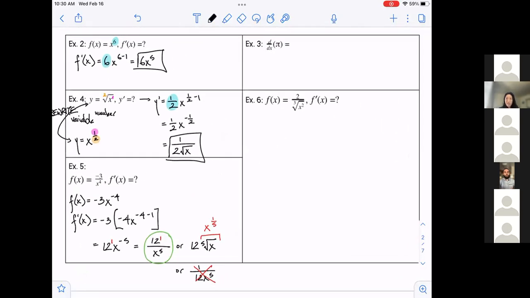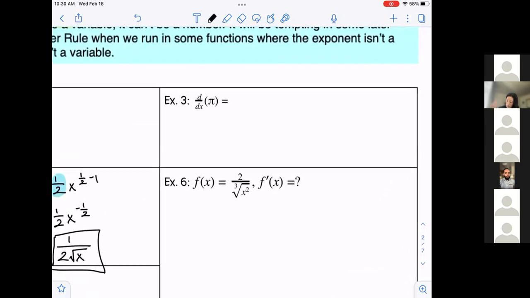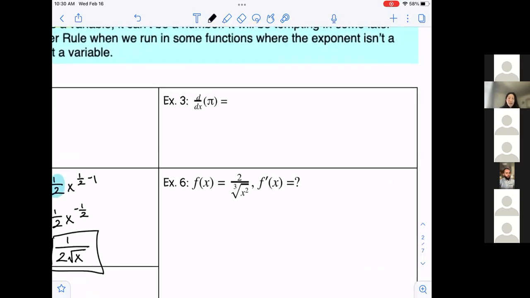All right. Well, let's take a look at example 3 here. Yet another notation, right? d/dx of pi. I want to take this derivative. What's the first thing that I'm going to write?